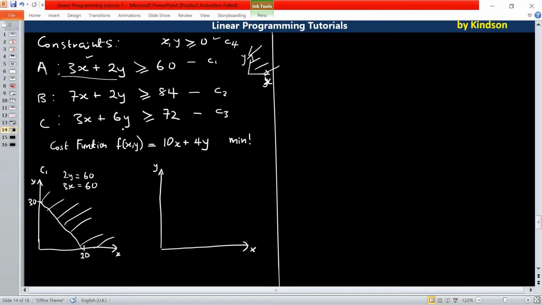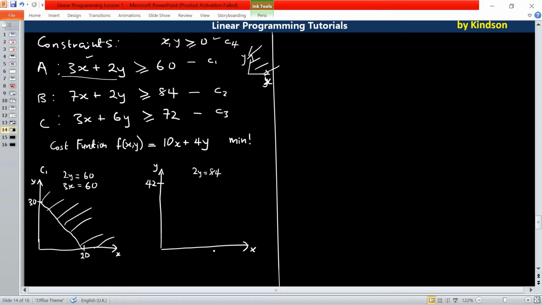So for C2, here we have 7x plus 2y greater than or equal to 24. For the intercept on the y-axis, you simply set x to be 0, and that will give us 2y is equal to 84, and that gives us y is equal to 42.